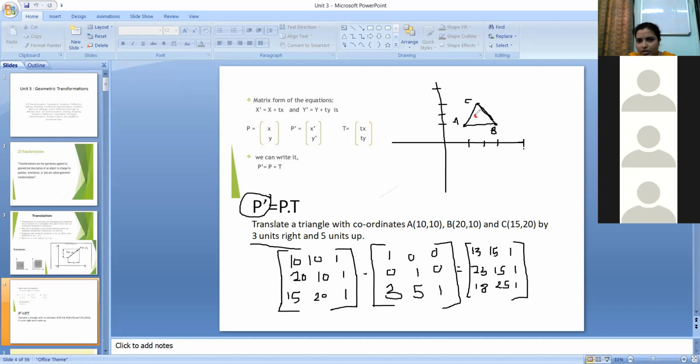So this is your A dash now. Then 23, 15. So 20 plus 3 and 15 is here. 23, 15 and 18, 25. 18 means somewhere here. 18 and 25 is here. So this is your new triangle A dash, B dash, C dash.